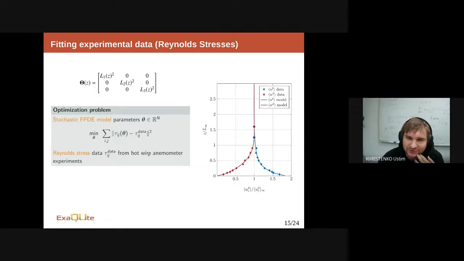We obtain the parameter theta, and on the right you can see the plot for the Reynolds stresses, where the dots present the experimental data, and the lines are the model. So we can fit the experimental data for the boundary layer using this quite flexible parameterization.